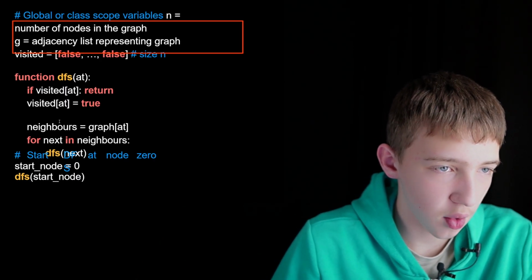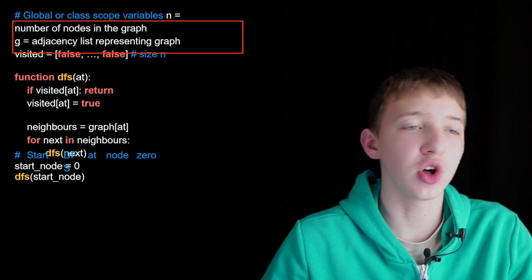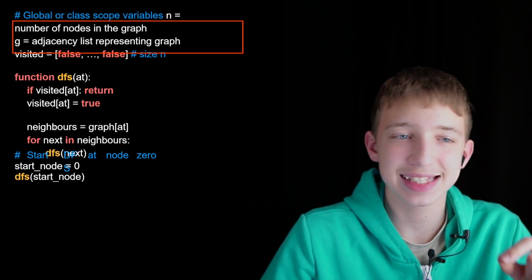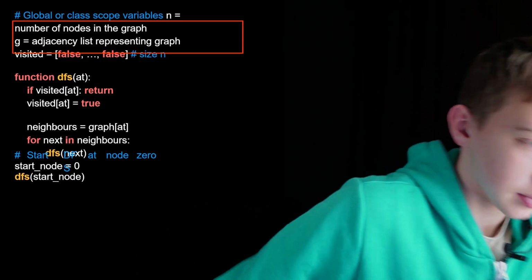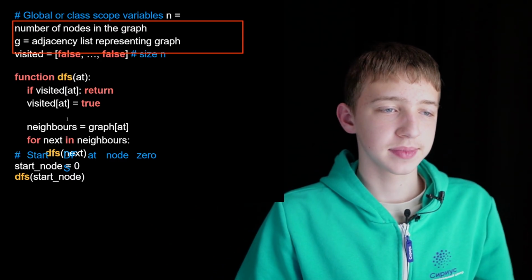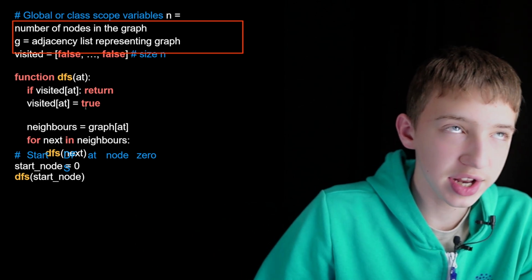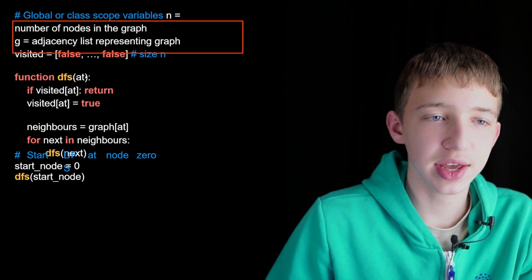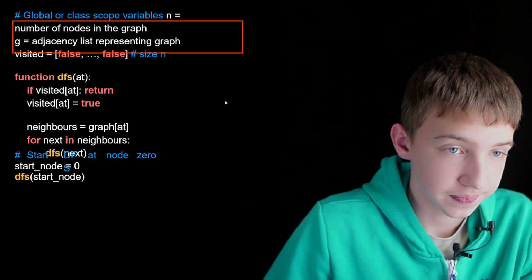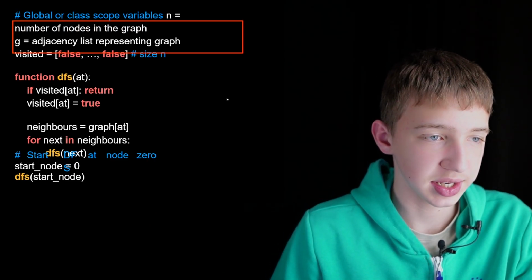The visited array is a Boolean array that contains only false values, and it is of size n. It determines whether or not node i has been visited, for any index i less than n.